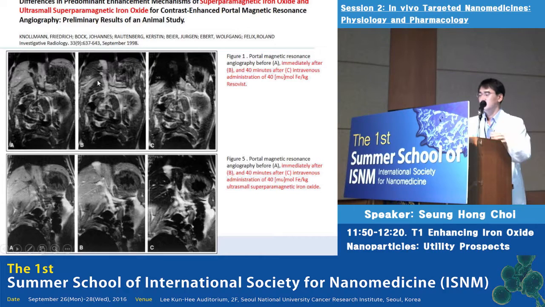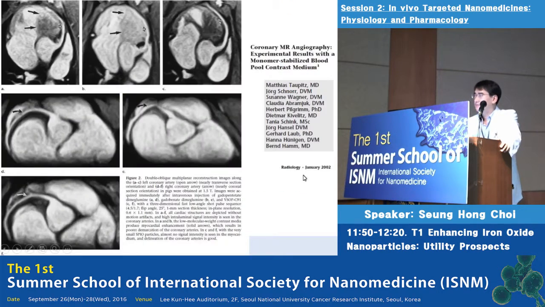You can see high signal intensity here and here after injection of SPIO and USPIO. USPIO is an ultra small superparamagnetic iron oxide, which is a smaller agent than the SPIO. At this time, there were other studies that tried to make MR angiography using SPIO.